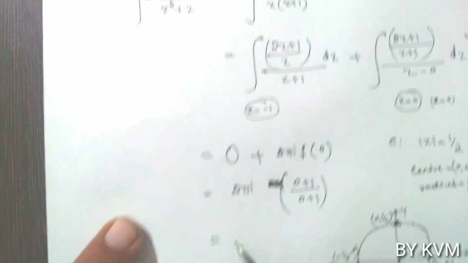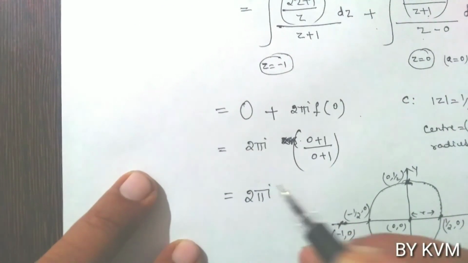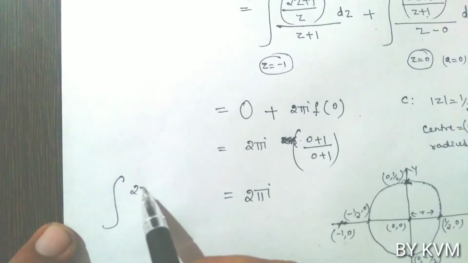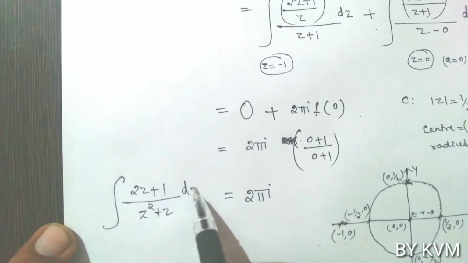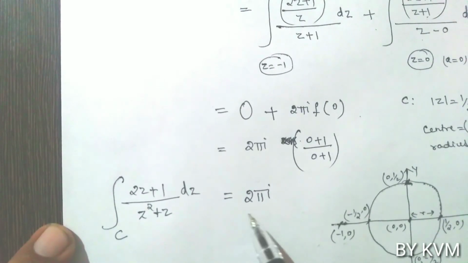So this is equal to 2 pi i. So the value of this integral, 2z plus 1 by z square plus z dz over the closed curve C, is 2 pi i.